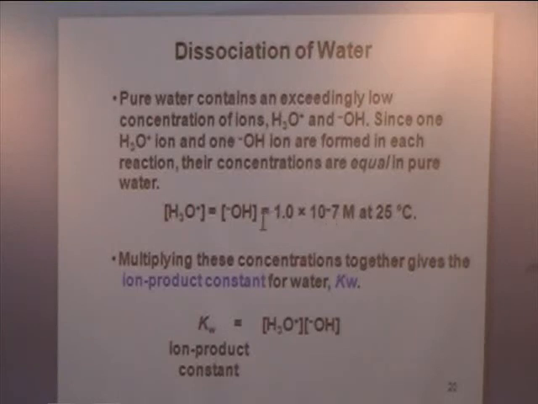The pure water means a water that has equal concentration of the hydrogen ion and the OH ion. But we don't have hydrogen ion per se, we have H3O ions, because the hydrogen ion has to react with H2O, and together they form H3O.